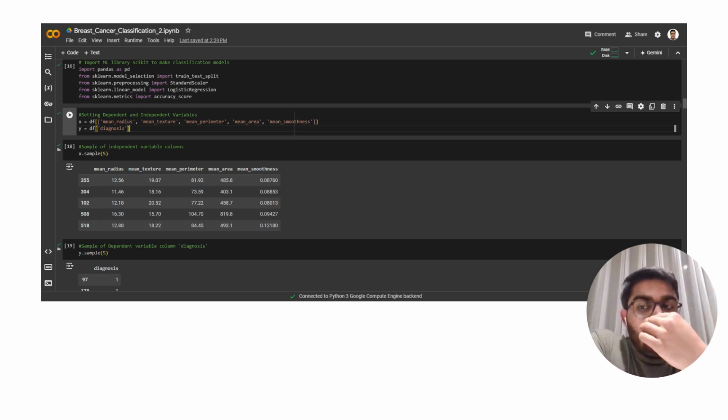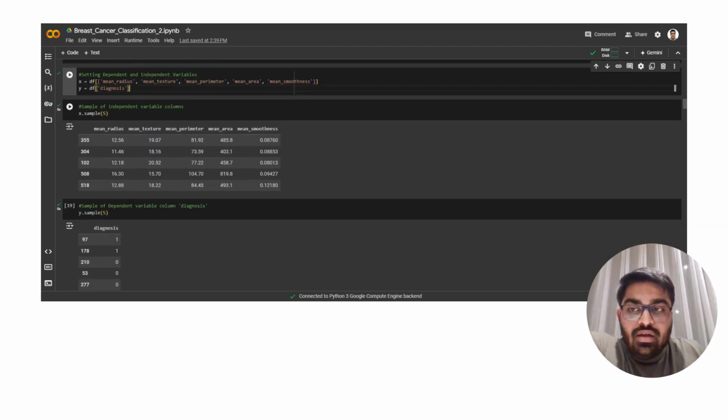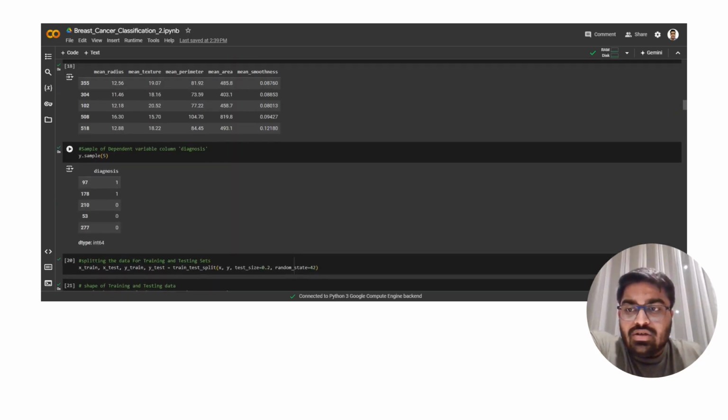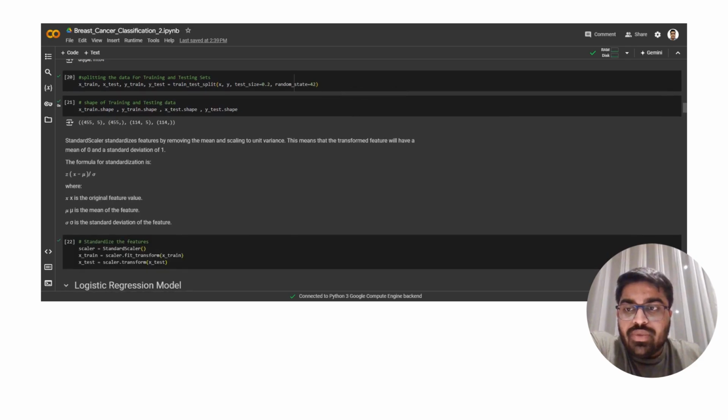So diagnosis was the dependent variable, y, and x was the independent variables which are not related to each other. Now we just wanted to see the sample of each of the observations. Then we split the data.